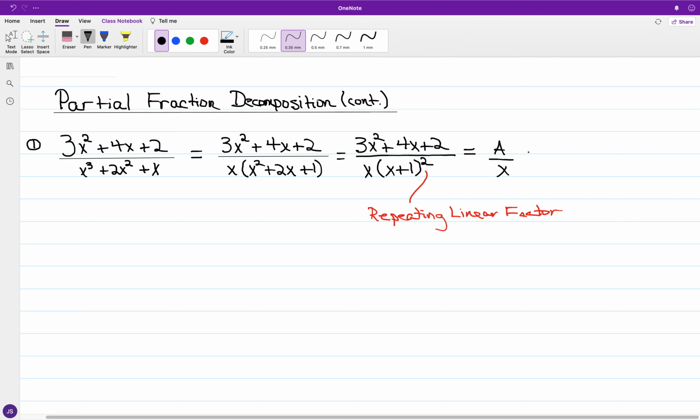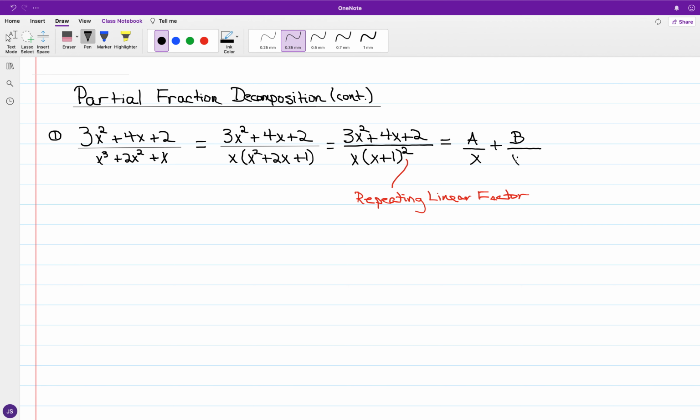For x plus 1 squared, I'm going to set up a fraction with B over the first order of x plus 1, and I'm going to keep applying powers to x plus 1 until I get to the original degree from the factoring. So I have plus C all over x plus 1 squared.